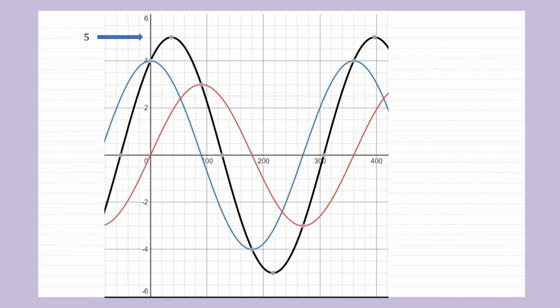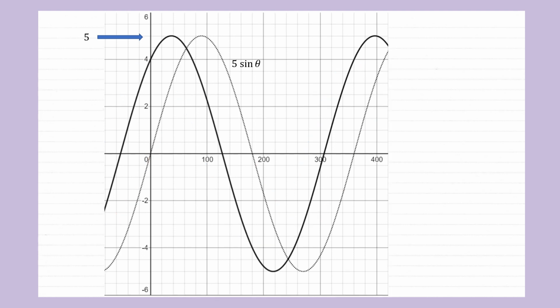Now, if you look at the black curve, you can see immediately that it is going to be a sine or a cosine function, because it's got exactly the same typical shape, and the height of the curve is 5.